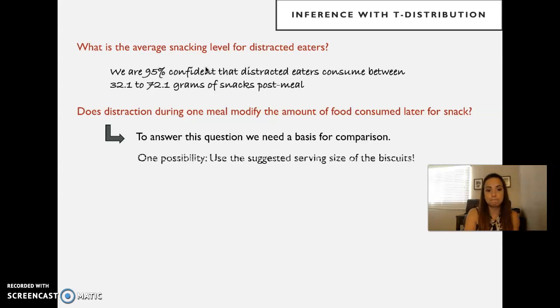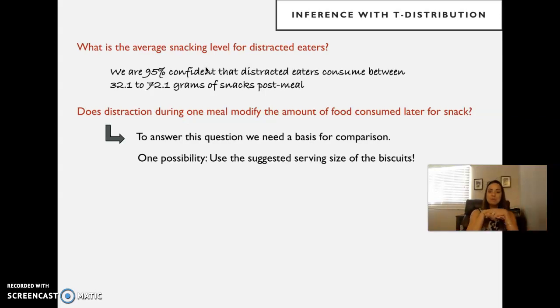Okay, so to answer this question, we need a basis for comparison. One possibility, which is not the best, but it's one possibility, if we just have one sample of distracted eaters, is to use the suggested serving size of the biscuits. Do people eat more than the suggested serving size? Assuming that, in general, people will eat the serving size. Iffy assumption, but let's assume that as a starting point.